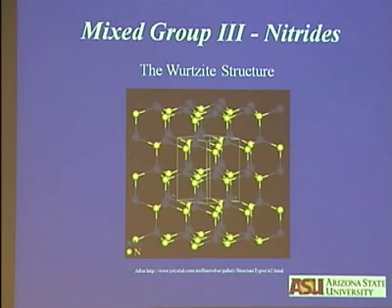What is the difference between wurtzitic and diamond cubic? The sublattices are made up of SCP units. They consist of two SCP units shifted, just like in diamond cubic. Group 3 atoms reside on one sublattice, and group 5 nitrogen on the other.